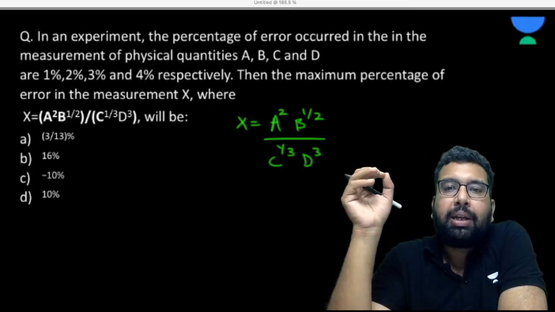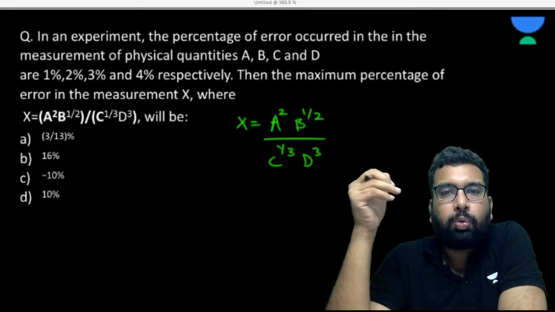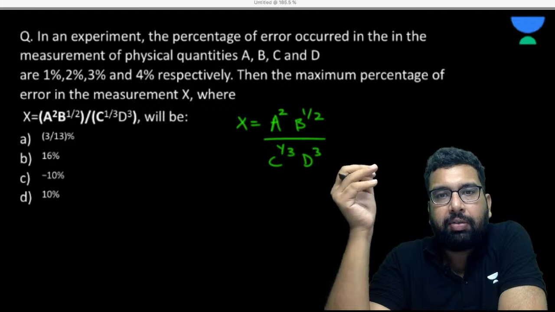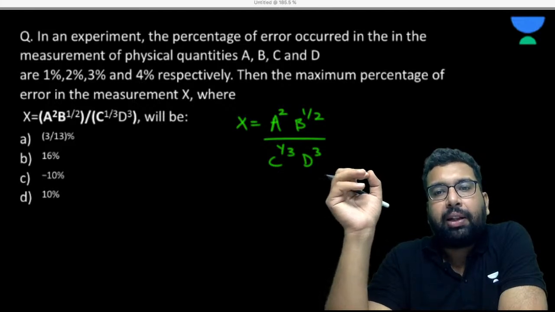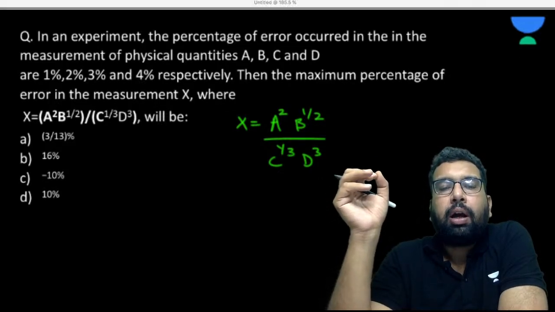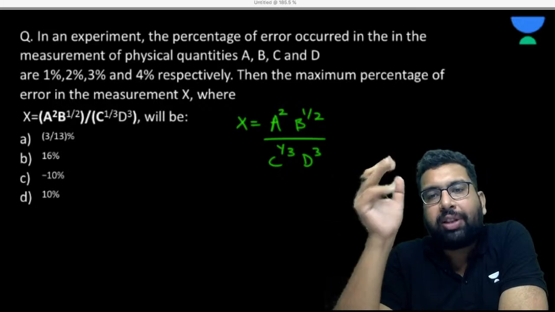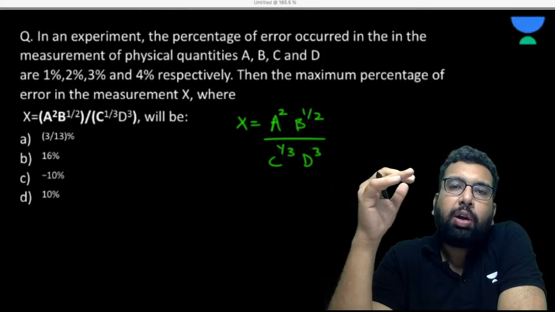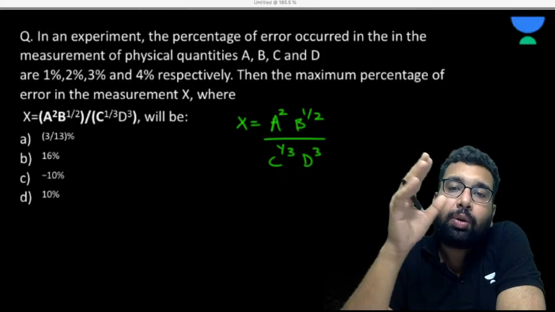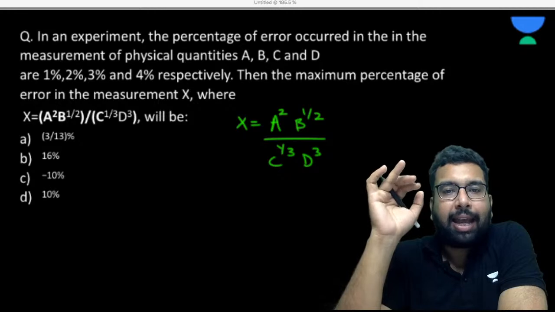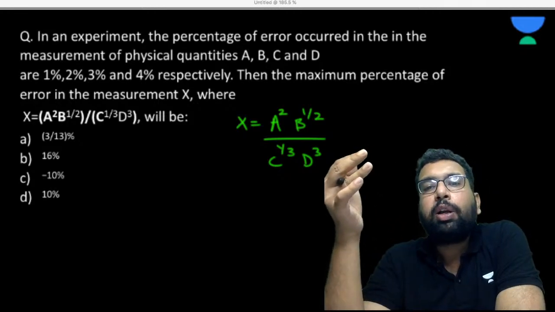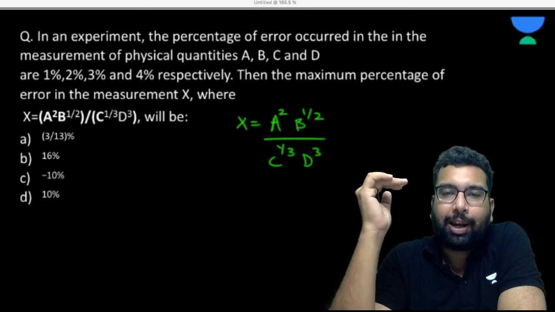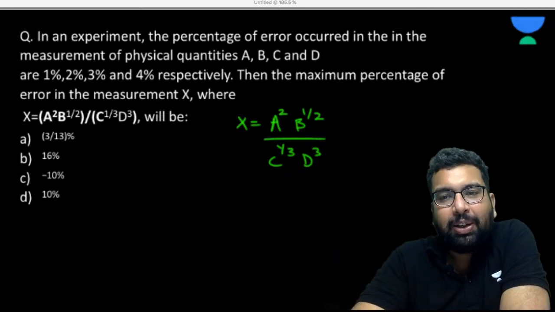So when A, B, C, and D were measured individually, they must have some errors of their own. Now, when they are used to find another physical quantity X, obviously their errors are going to propagate to X. Now, how they are going to propagate, that is what we are going to see.